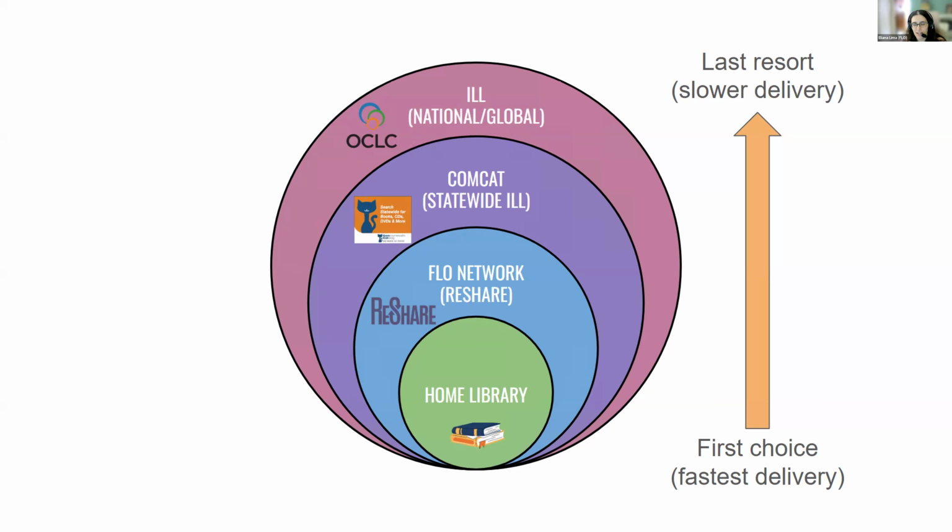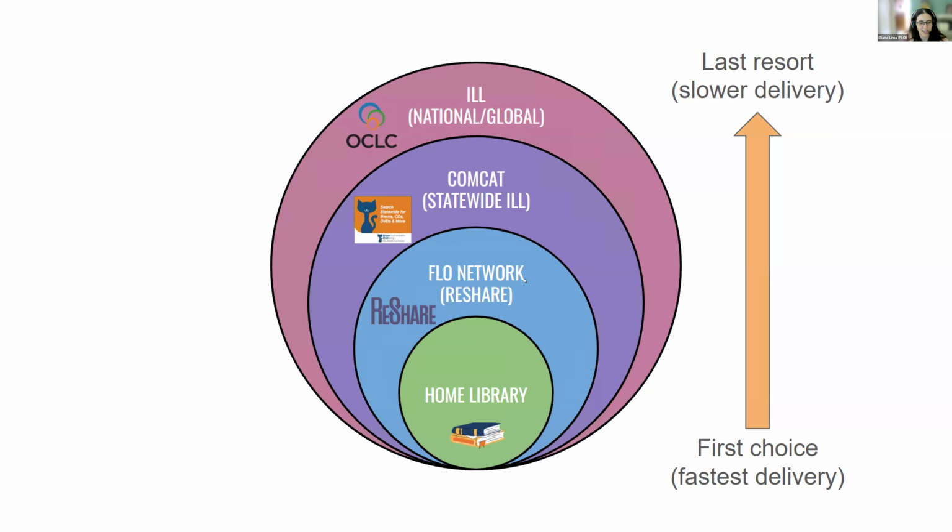And yeah, the reason why you want your home library to be the first choice is because it's immediate. Some of these other options might take a little longer, especially if the library is further away. All the Flow libraries are kind of close together, so hopefully the delivery time shouldn't be too bad. But once you get into ComCat, some of those libraries are in Western Mass, so sometimes it takes a bit.